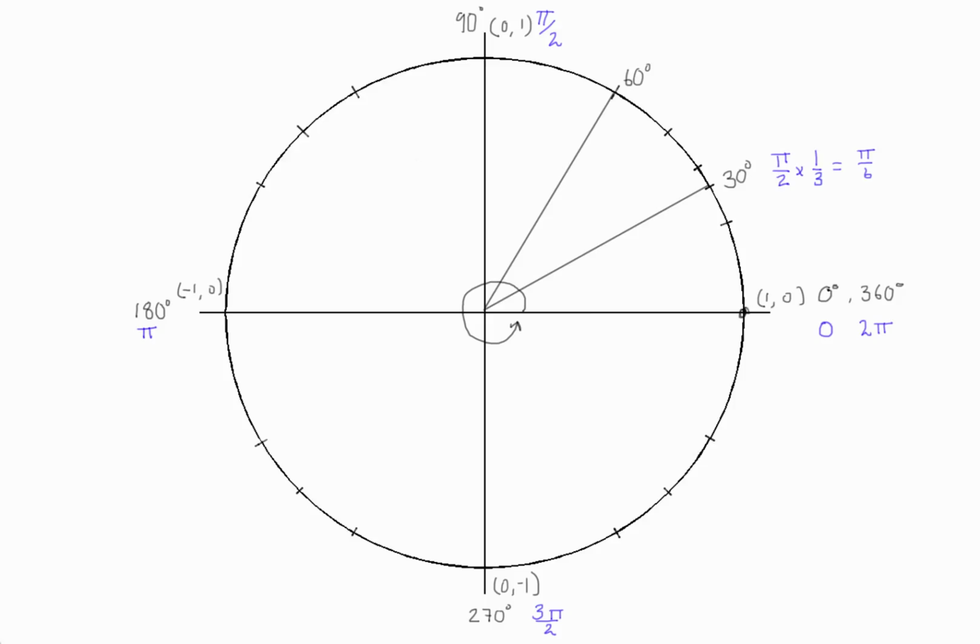I know, pretty groundbreaking stuff, but its radian measure is going to have to be double pi on 6. So this is going to be 2 pi over 6, which is equal to pi over 3. So 60 degrees is pi over 3.